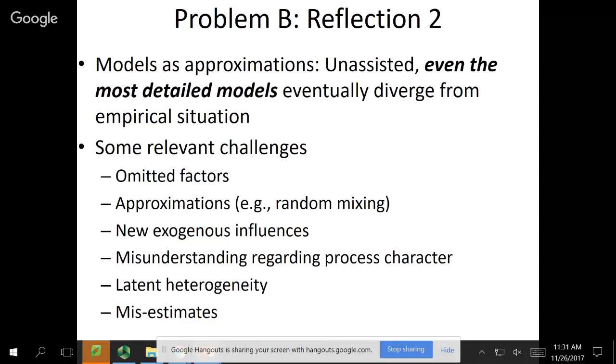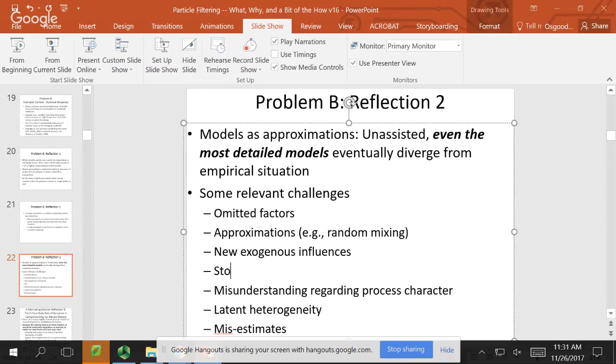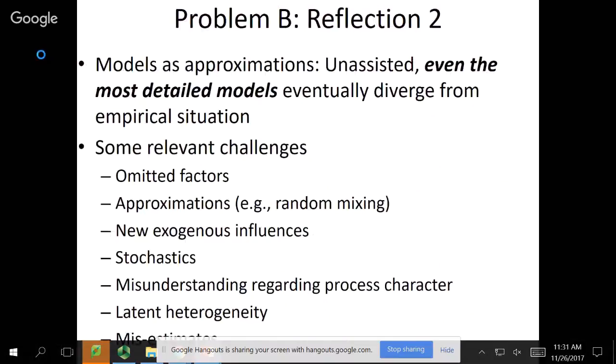And critically, and I don't know why it's not on this list, are important components that are stochastic in nature. Perhaps I was including it in terms of exogenous influences. But here, we often will have things that are effectively stochastic out there in the world that we can't be asked to predict. I mean, aspects of the weather situation over long periods of time, for example.